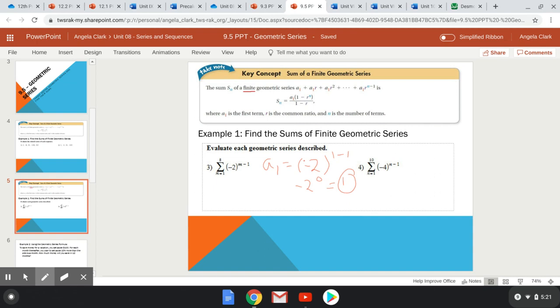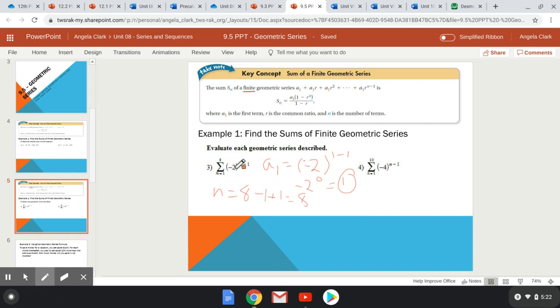So our first term is 1, and n again is 8. We found that by doing 8 minus 1 plus 1, which is just 8. You always just add 1 after you do that. Again, if you start at 1, you don't have to go through all this mess.